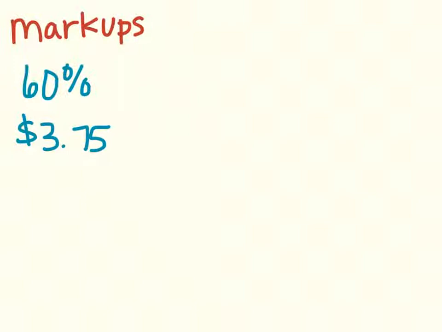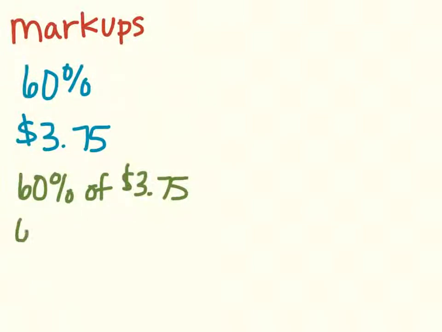All right, there are two possible ways to solve this. Method 1 asks us to find 60% of $3.75. And we do that by multiplying 60 over 100, 60%, 60 per 100, times $3.75.